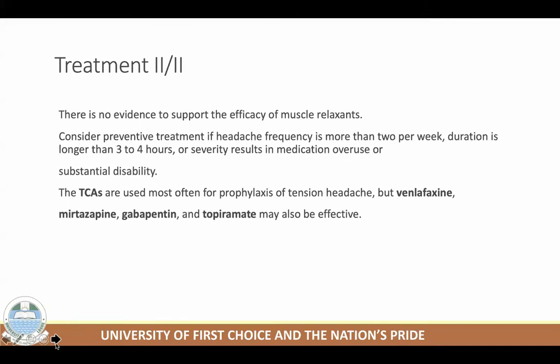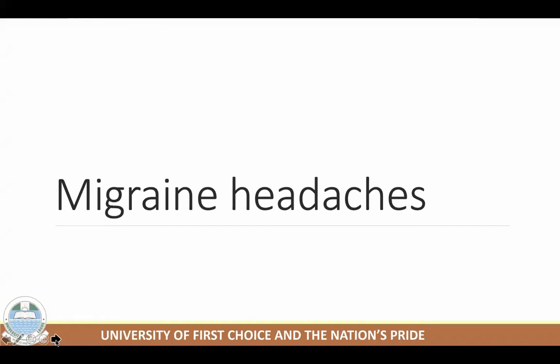Those triggers can be food, spices in food, things like activity, maybe exercise, emotional distress, sexual activity, could be menstruation, depending on what the trigger is. You medicate the patient around those to serve as prophylaxis. Tricyclic antidepressants are used most often for prophylaxis of tension headaches, but their side effects are a limiting barrier.